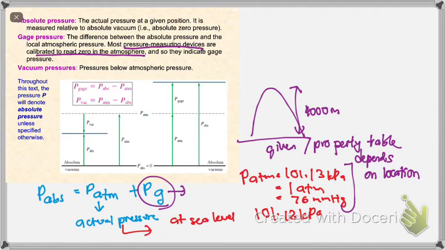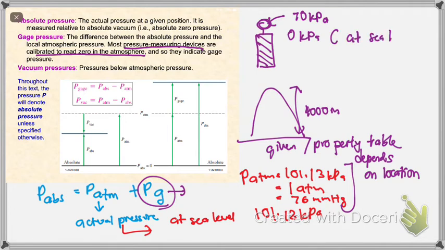Okay, meaning that if you have a tank, and the reading there shows that it is 70 kilopascal. That gauge shows the pressure inside the tank only, because initially this gauge is calibrated to 0 kilopascal, which is at sea level.